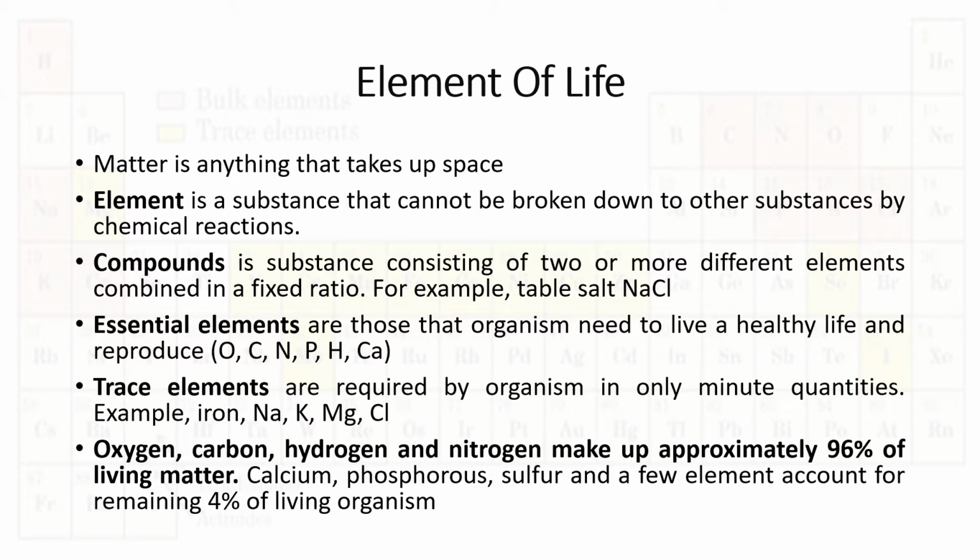Calcium, phosphorus, potassium, sulfur, and a few other elements account for most of the remaining 4% of organism mass. Trace elements are required by organisms in only minute quantities. Some trace elements such as iron are needed by all forms of life, others are required only by certain species.